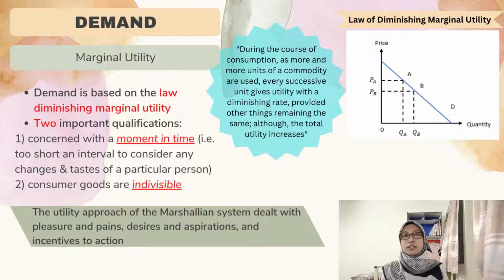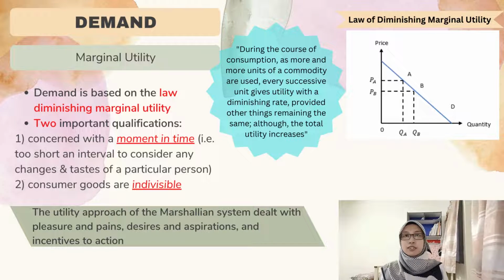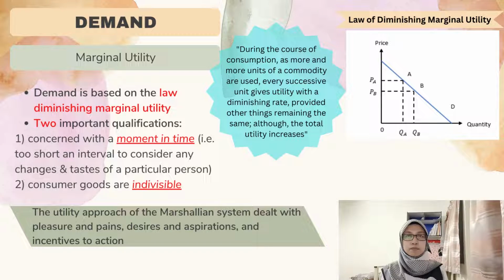Next part is utility and demand. Marshall stated that demand is based on the law of diminishing marginal utility. The marginal utility of a commodity to anyone diminishes with every increase in the amount of it he already has. Marginal utility is the added satisfaction a consumer gets from having one more unit of goods or services. Marshall also added two important qualifications: the first is time and the second is indivisibility.